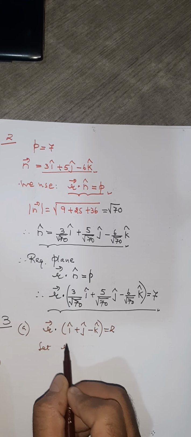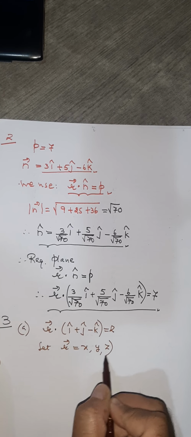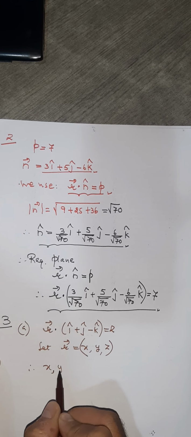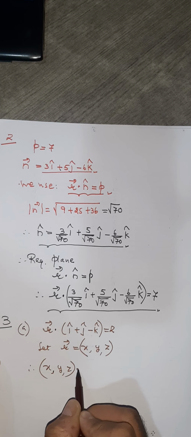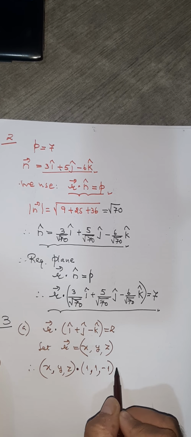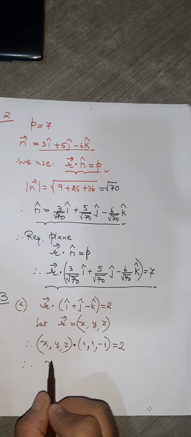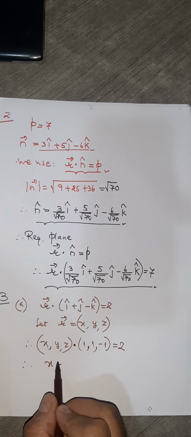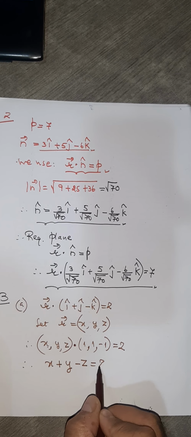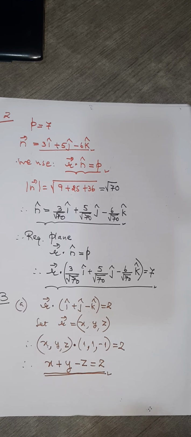Let this vector r equal x, y, z. I'll just place it here. So this is x, y, z dot, what is this? You know here 1, 1, minus 1 equals 2. I'll use just the dot product. This into this which is x, this into this which is y, this into this which is minus z equals 2. That's the required plane in the Cartesian form.